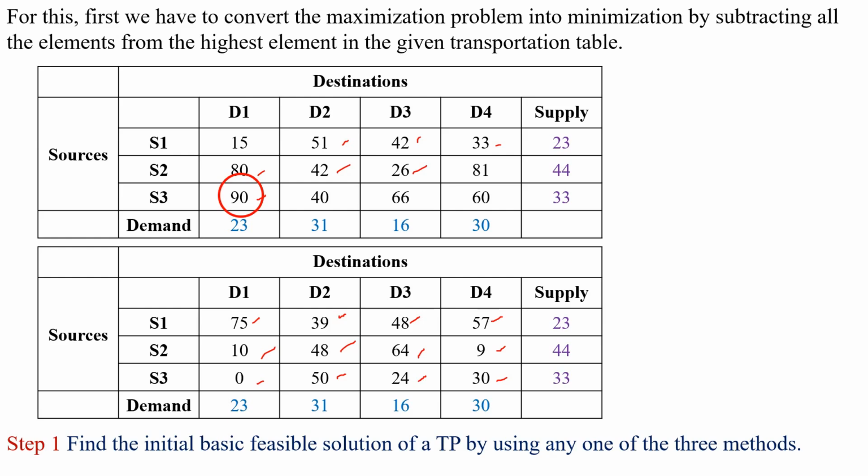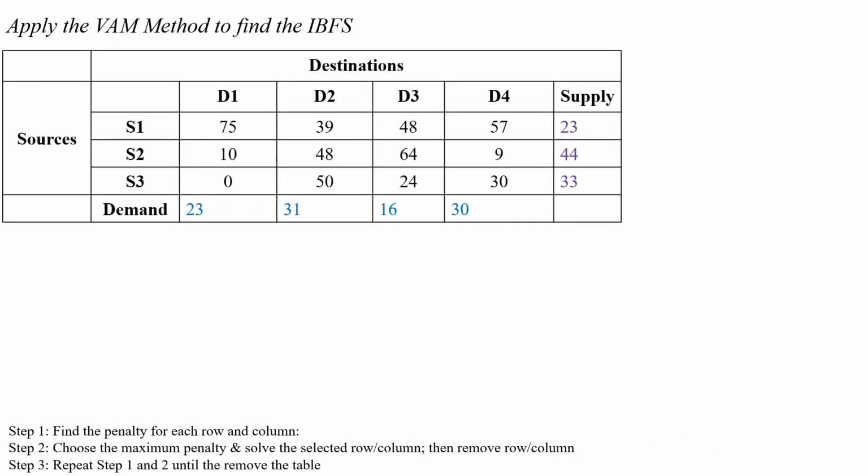So the next step is to find the initial basic feasible solution of the given transportation problem by using any of the three methods. Here we are applying the VAM method to find the initial basic feasible solution. First we determine the penalty for each row and column.